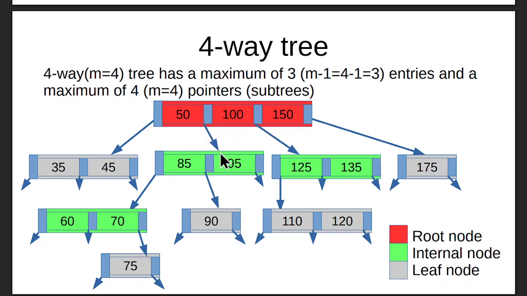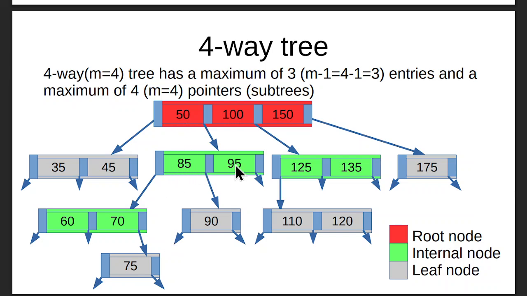The values in this subtree, which covers all these nodes right here, are all the nodes in the right subtree of 50. If you look at all these values, they are all greater than 50.